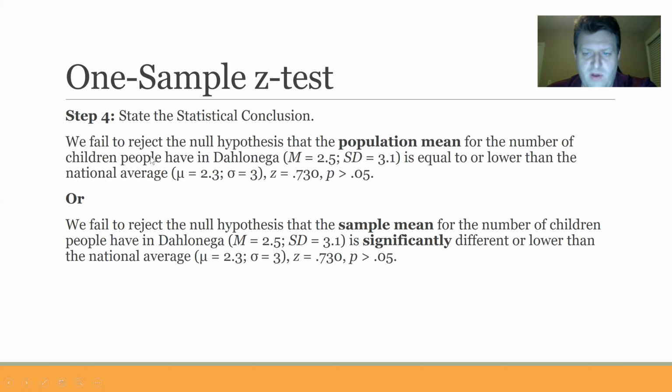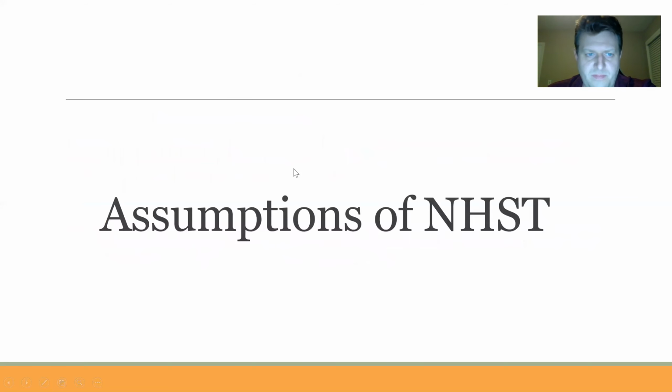If we want to talk about things in terms of sample means, we can say we failed to reject the null hypothesis that the sample mean for number of children people have in Dahlonega is significantly different or lower than the national average. Okay, so that is good.